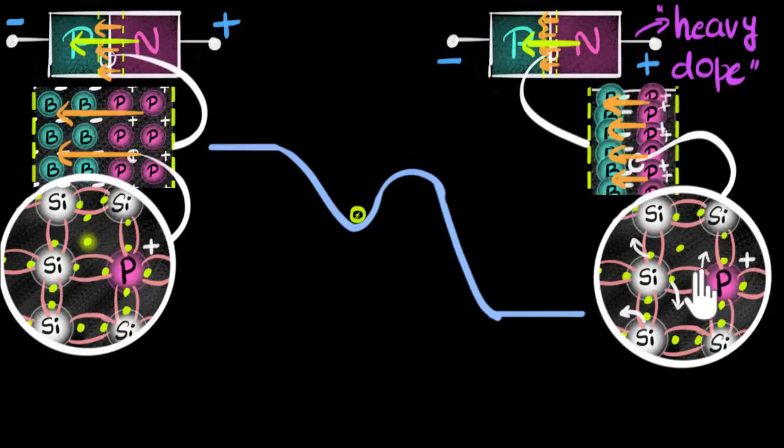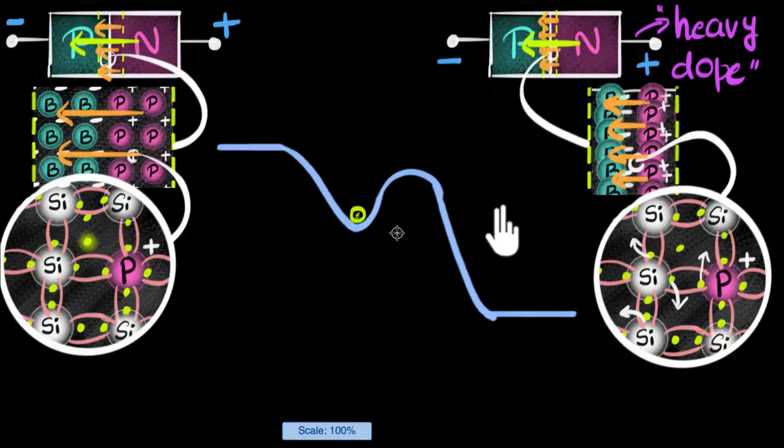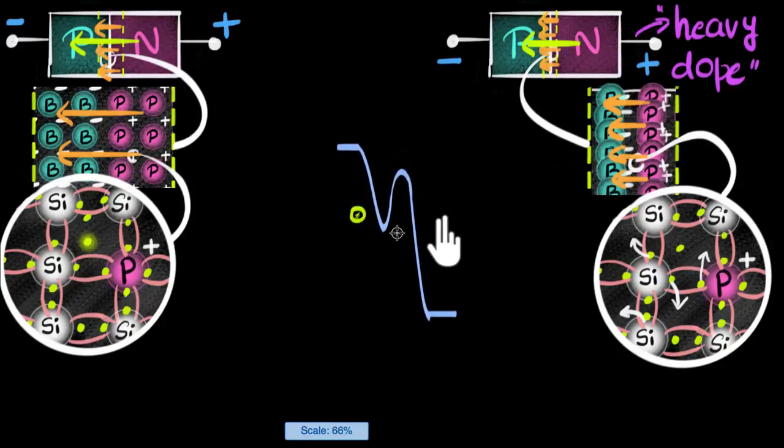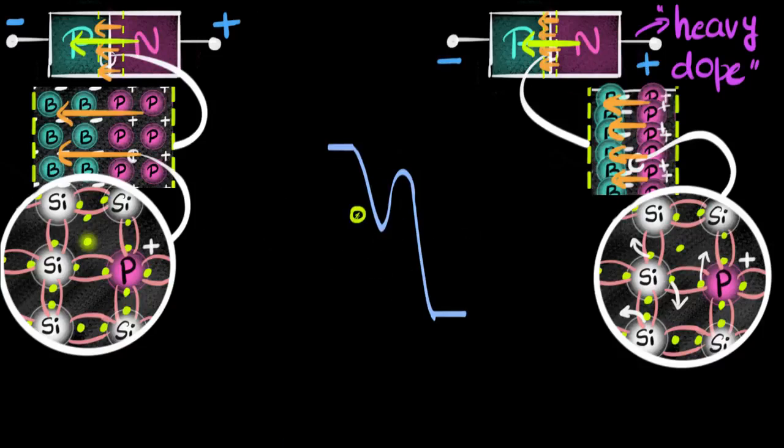What happens over here? Well, the difference over here is the depletion width is very tiny. So for the whole mountain, maybe we still have the same potential difference, but the mountain becomes narrower. So the mountain becomes something like this. Now imagine you have a mountain like this, and you have that same ball over here. You might ask, how does that help?